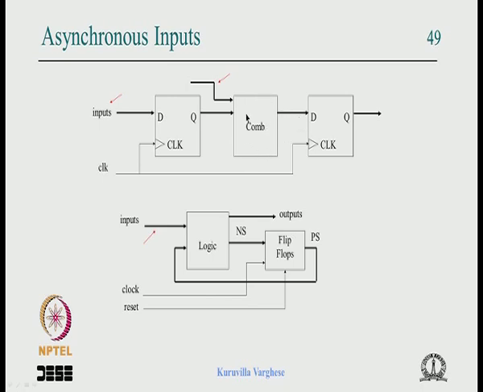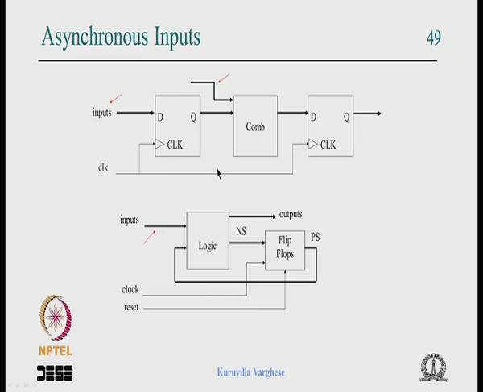This latency is a matter of shifting. It does not affect the probability of any particular input creating metastability in this flip flop. Similarly about this one. So the problem as far as a sequential circuit or a data path is concerned is that the asynchronous input is the one which can cause metastability.